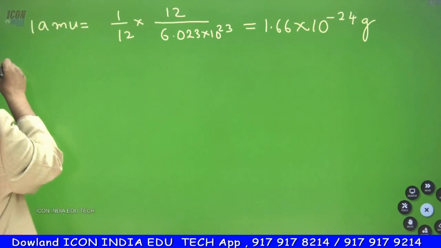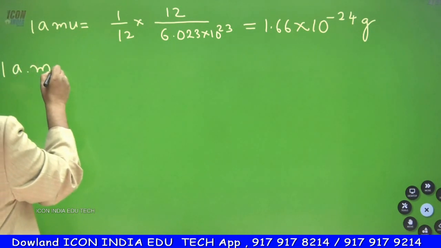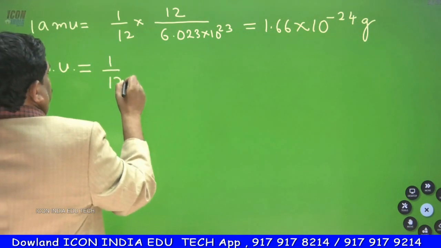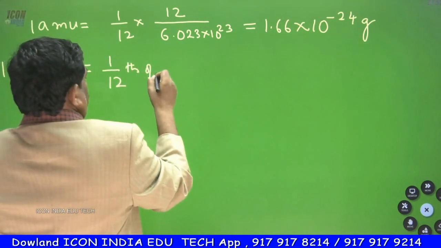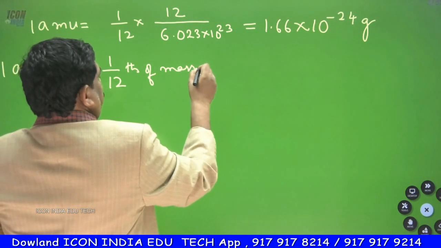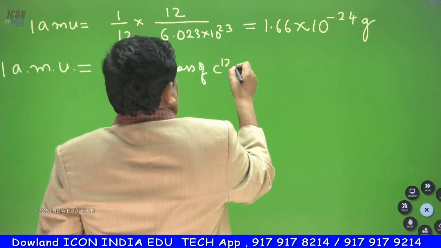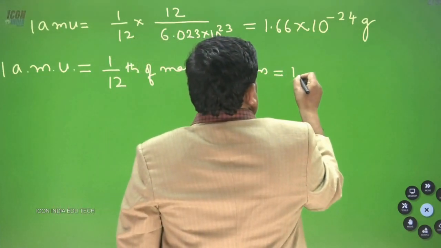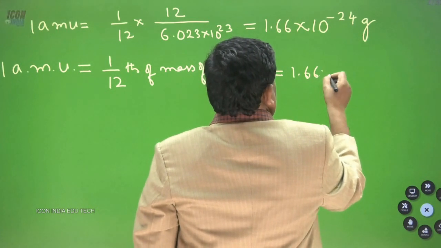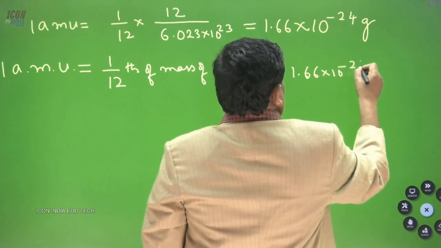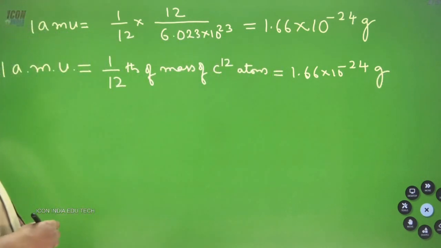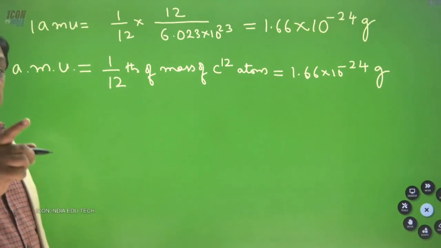So we can put 1 AMU as 1/12 of the mass of a carbon 12 atom, which is equal to 1.66 into 10 to the power of minus 24 gram. This is 1 AMU. Suppose you want to find the atomic weight of any element in gram.